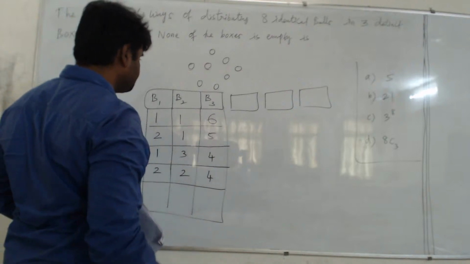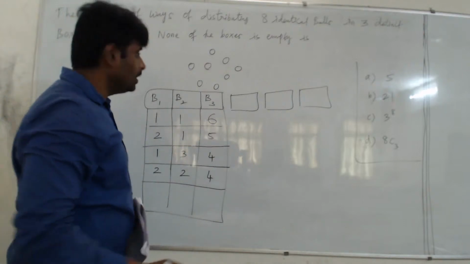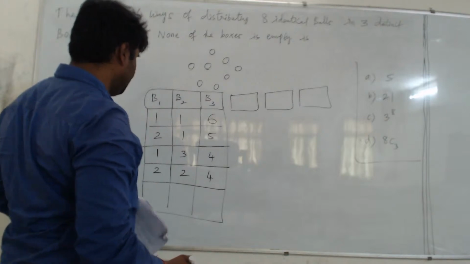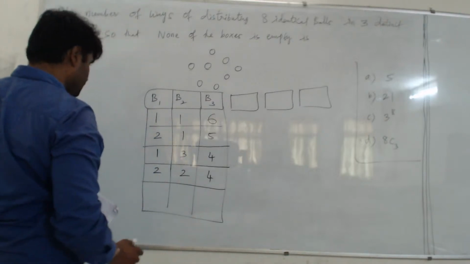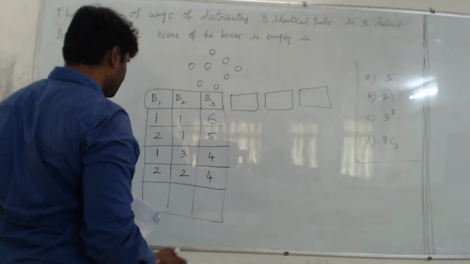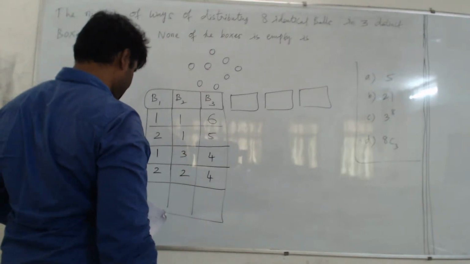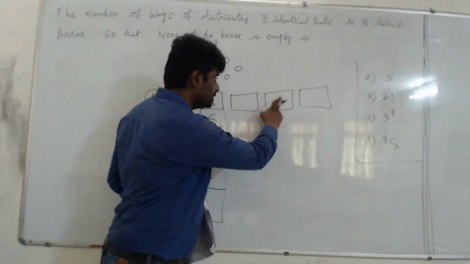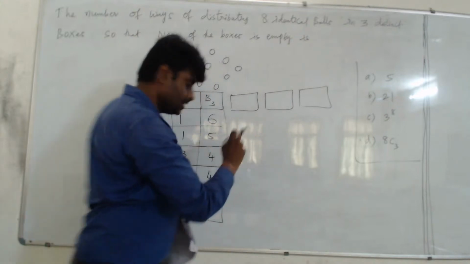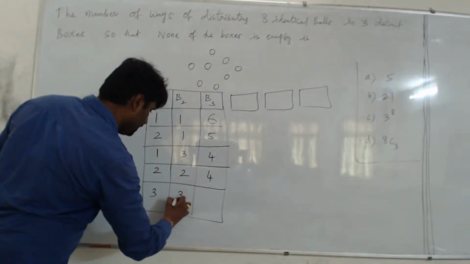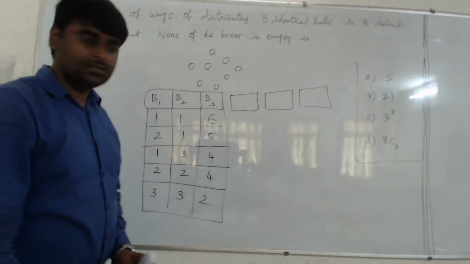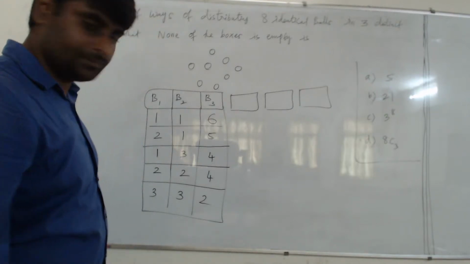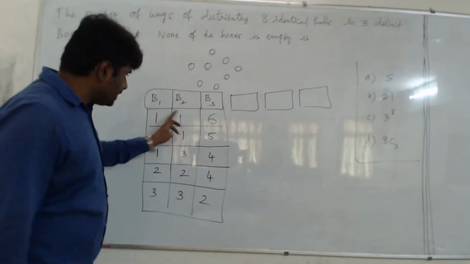Okay, more. Okay, 5. Okay, next up. Yes, 3, 3, 6 plus 2, 8. So 3, 3, 2. That's it. Anything more? No. Right?